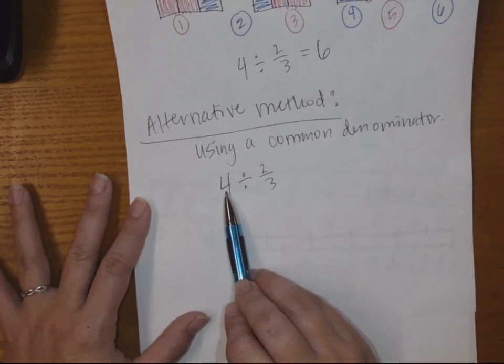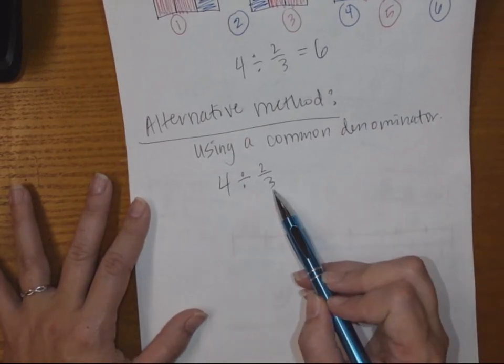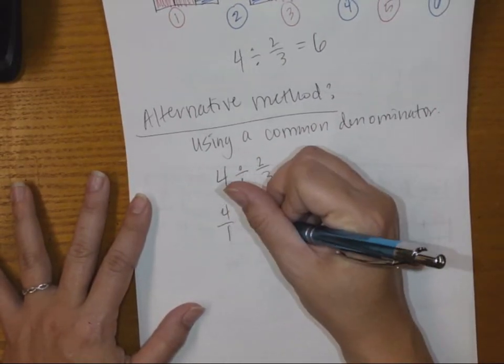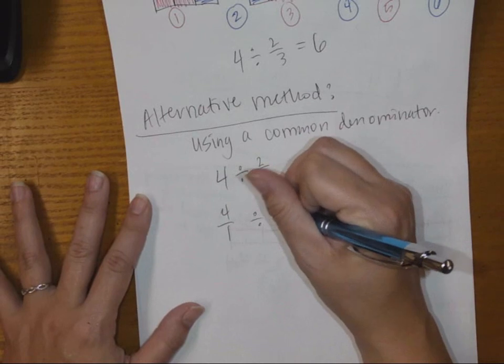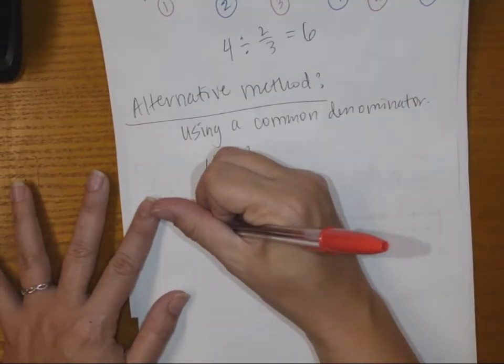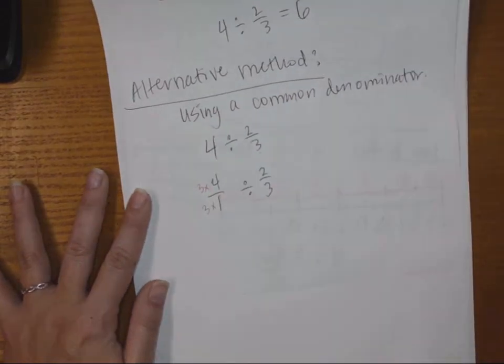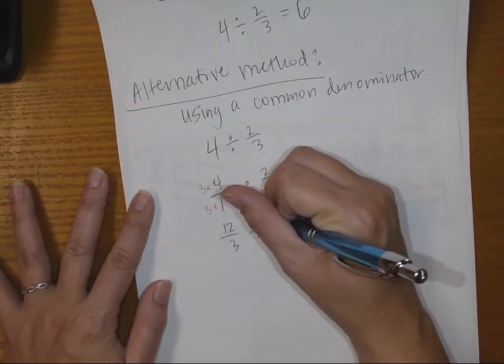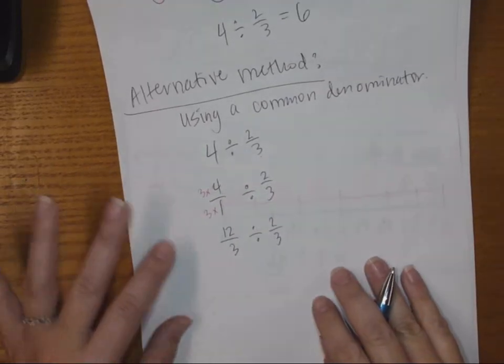So how do I turn 4 into a fraction that has a 3 on the bottom? Well, 4 is like 4 over 1. And how do I turn that into thirds? I multiply both the bottom and the top by 3. So I get 12/3 divided by 2/3.